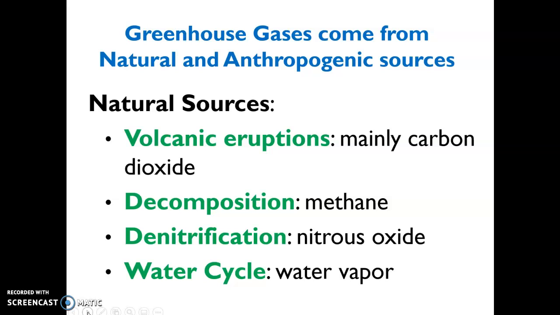Denitrification, which is the part of the nitrogen cycle where nitrogen from the atmosphere, N2, which isn't usable by plants, is converted via bacteria and other organisms into a form that is usable, and that process is called denitrification. And last, the water cycle, of course, cycles the water through the atmosphere.